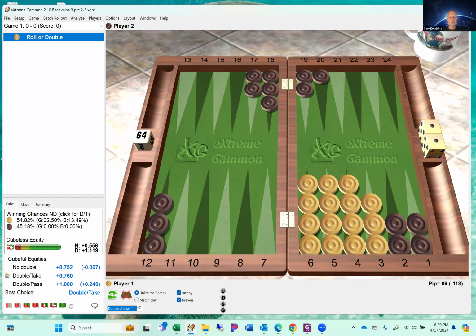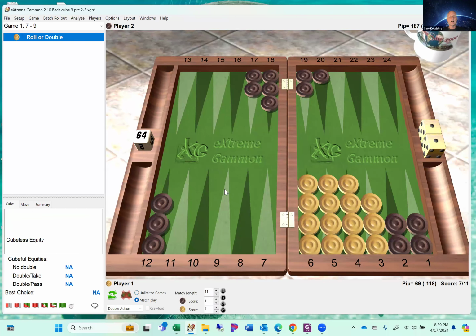But if we're looking at match play, these games are very volatile in the sense that it's 60-40 for the attacking person or less. I think this game was 55-45 basically.